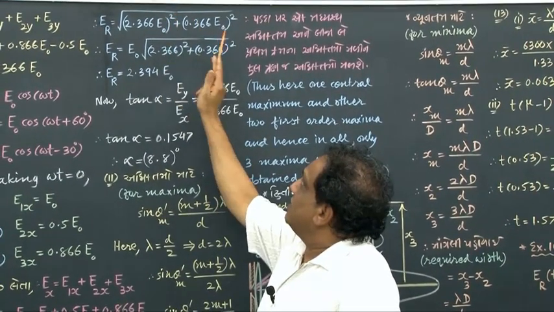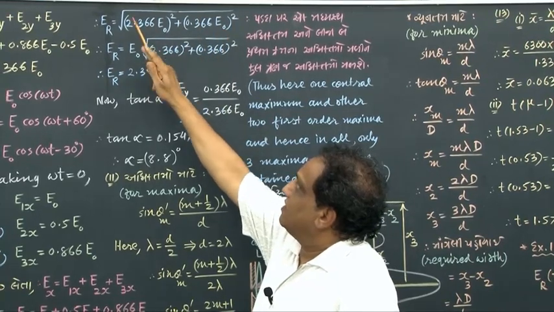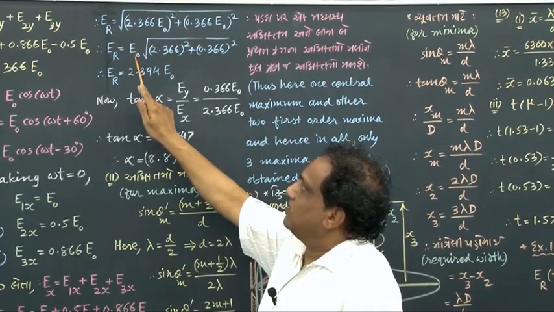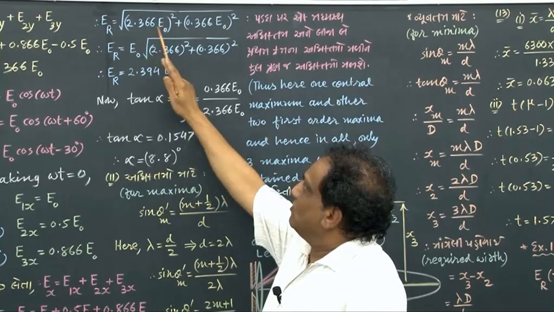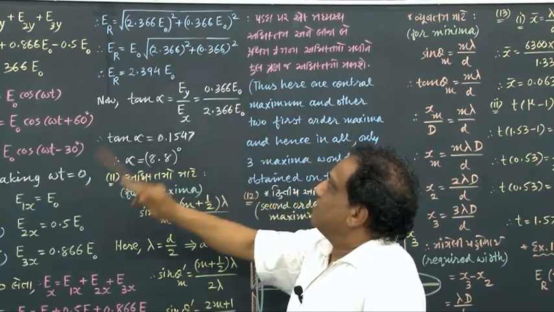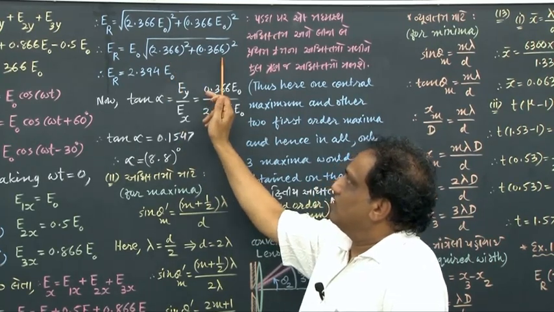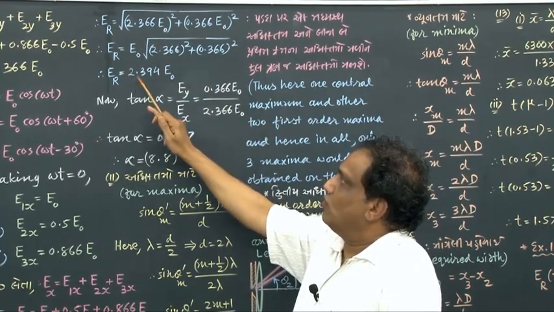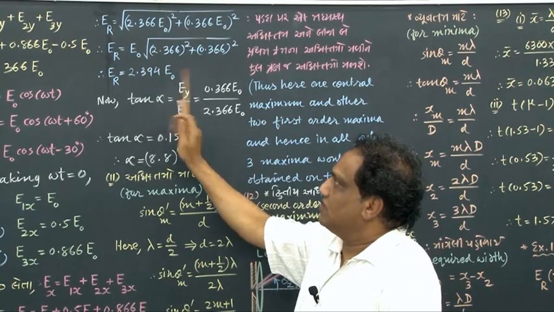Now E0 square you can take common and after taking square root you can take it out, that is E0 into under root of 2.366 square plus 0.366 square. Now square of this plus square of this and its square root comes out to be 2.394 into E0.